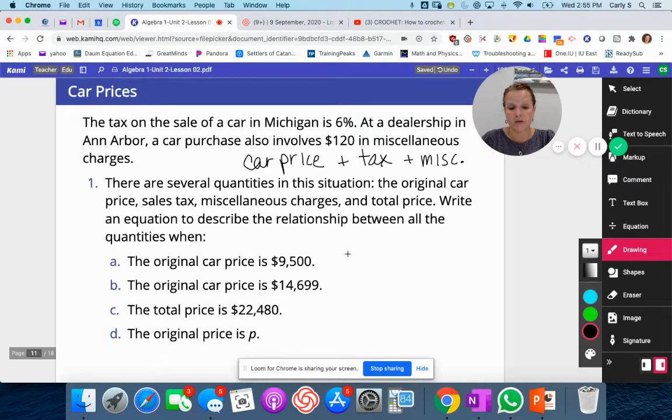So here, if the original price of the car is $9,500, the total price is going to be $9,500 plus the sales tax times $9,500 plus 120. Let's write it here.